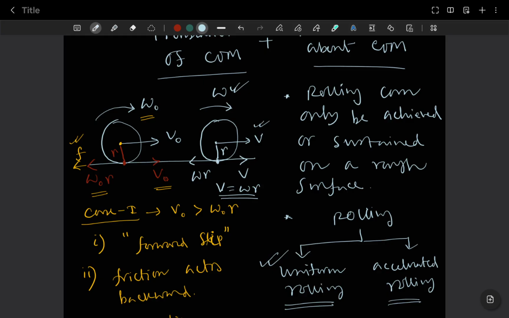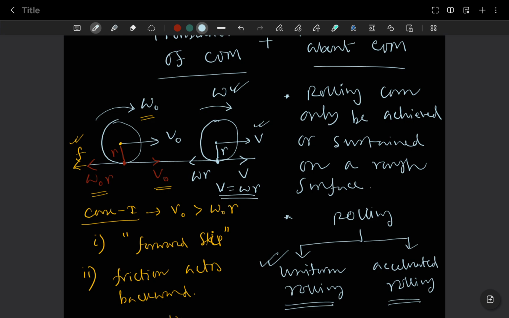The sliding friction no longer acts, but there is a frictional force acting on a rolling body, and that friction is called the rolling friction. It has a very small value, so we are neglecting it here. We are not discussing rolling friction here, but rolling friction exists.